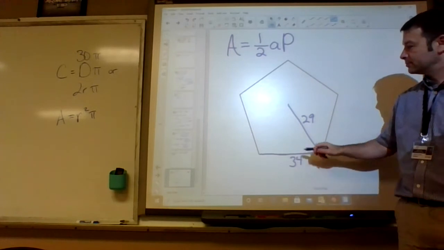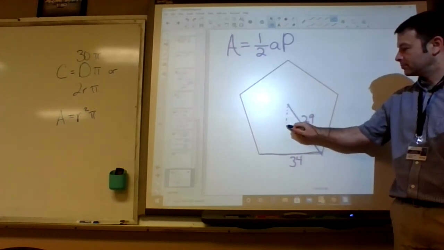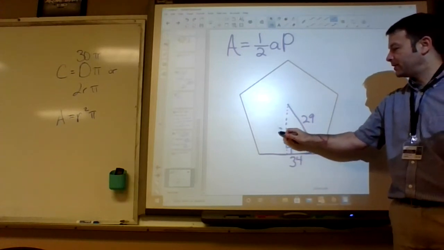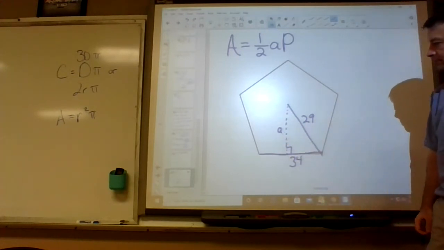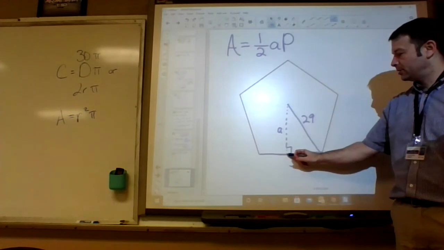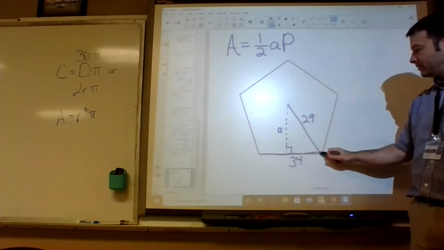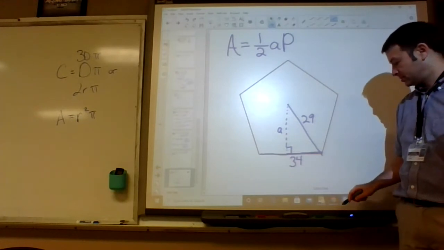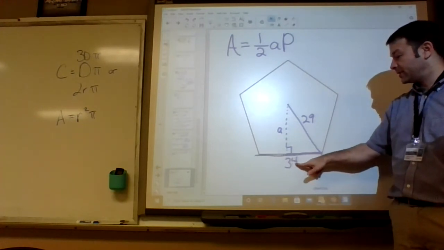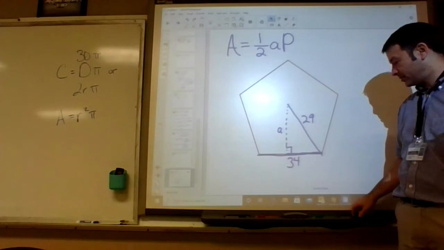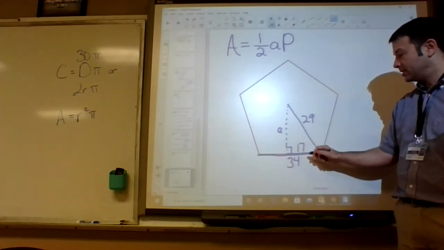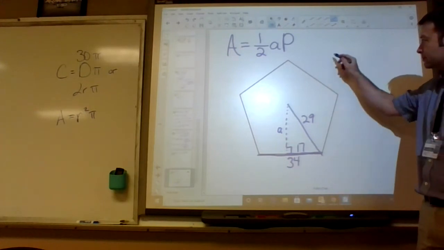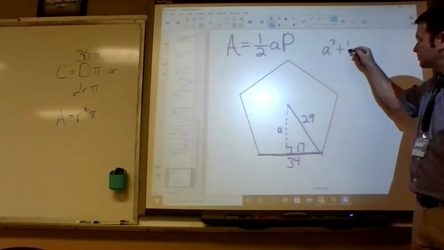We would just draw that straight line right there. How do I find the apothem? Pythagorean theorem. How long is it going to be from there to there? 34 divided by 2, so 17. How can I use the Pythagorean theorem? It would be a squared plus 17 squared equals 29 squared.